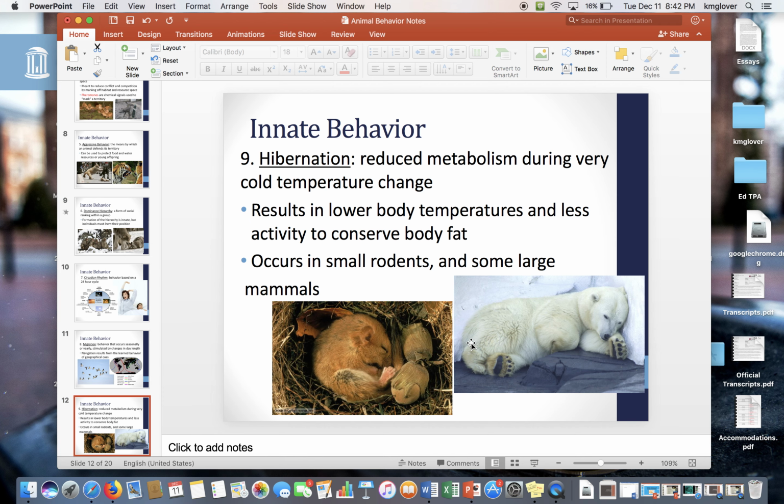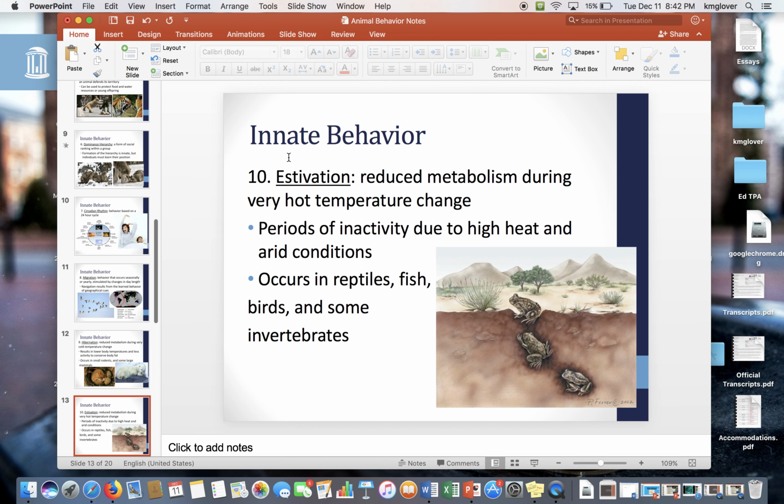And again, this happens in the really cold months. Hibernation examples would be smaller rodents, some large animals, some species of bears. Not all bears do this, but basically you're reducing your metabolism and your movement in order to conserve your body fat. So things store up for winter. That is really a thing. You know what hibernation is, but what you might not know is estivation.